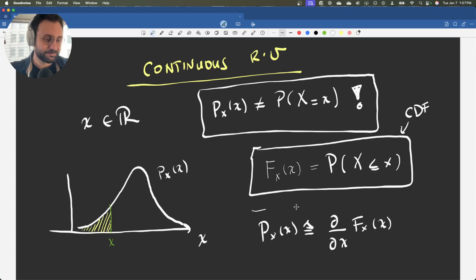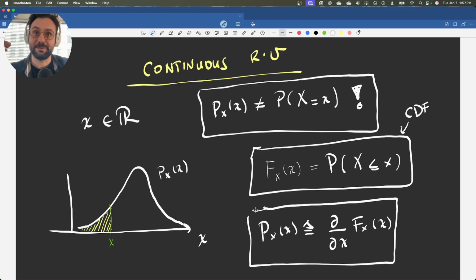So this is a probability density function, right? It does not directly tell you the exact probability of that exact incidence, which is continuous.